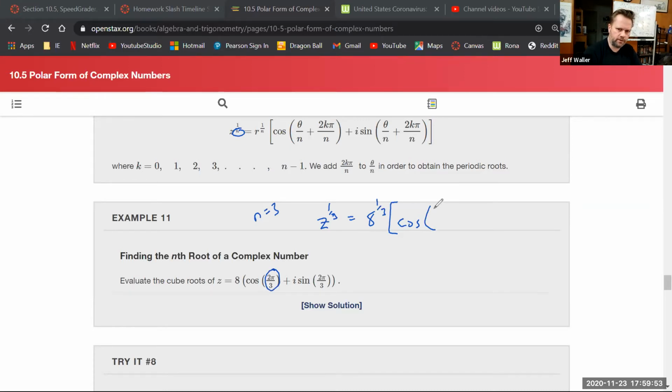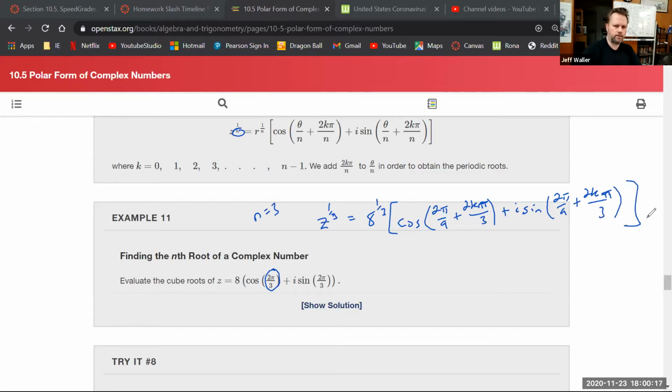So it'll be cosine of 2 pi over 9 plus 2k pi over 3, plus i sine, same thing. Pi over 3, okay.